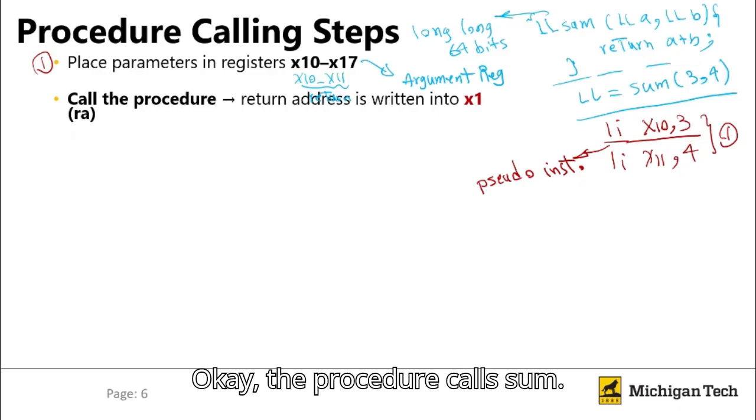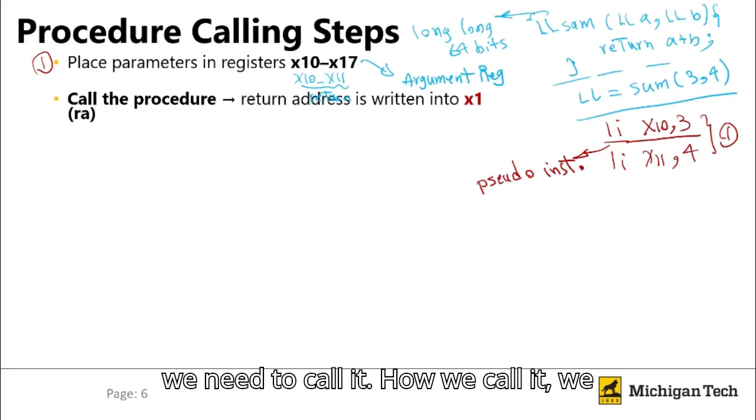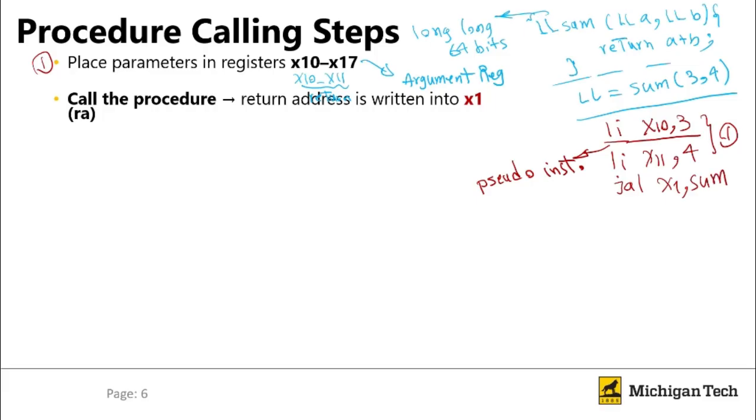The procedure is called sum. We need to call it. How do we call it? We have a jump instruction, jump and link, x1 and sum. x1 is the return address.